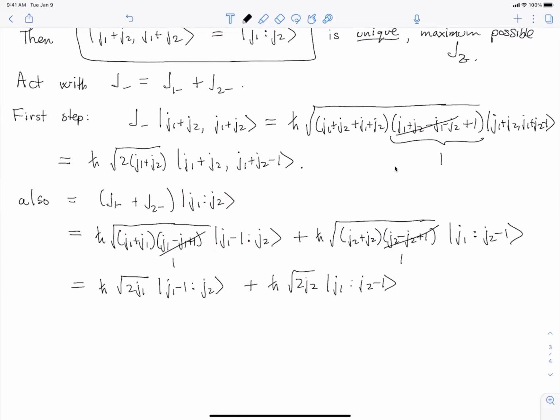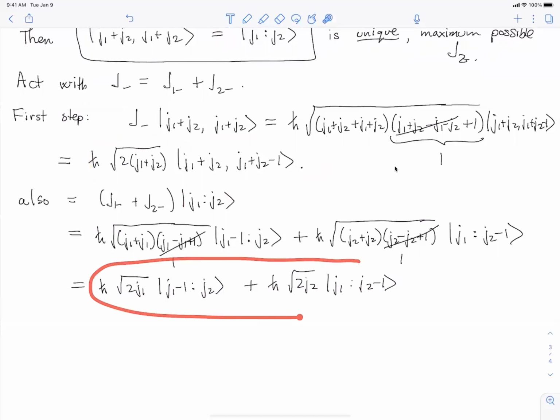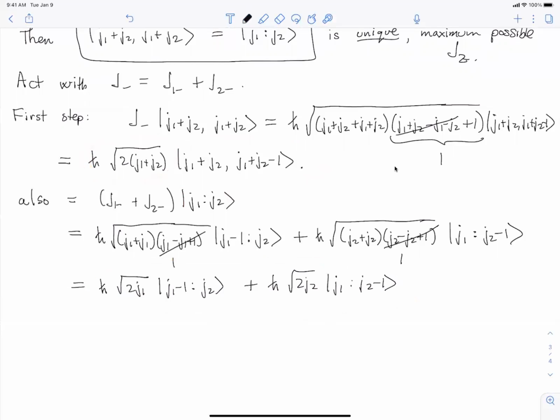So we've computed the same thing two different ways, and therefore this has to be equal to this. Now we just solve by dividing by the coefficient in front.